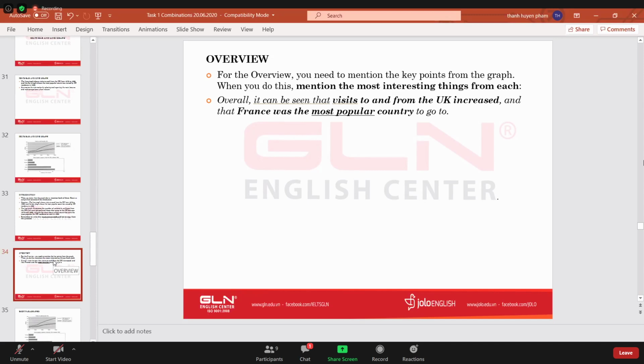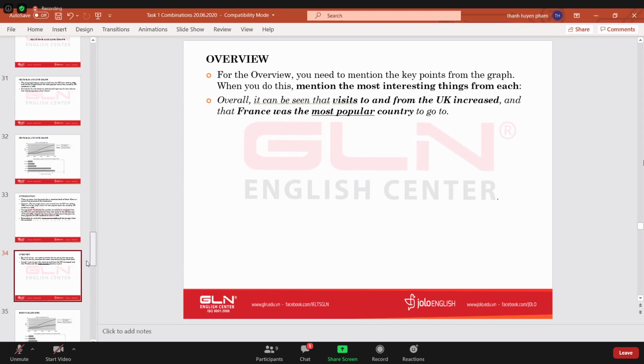Very simple overview, but it does meet the requirements of the examiner for a good overview. The overview is in 2 parts. One main trend or one main piece of key information from each diagram. That's what the examiner wants.